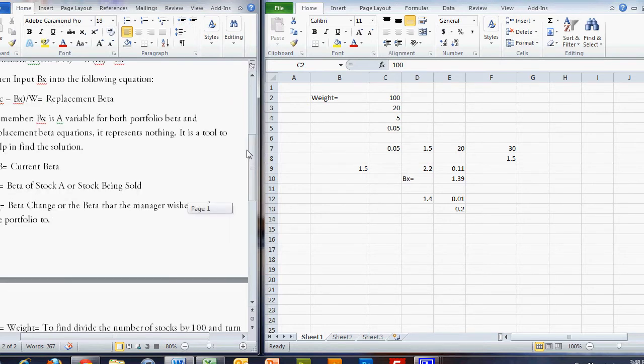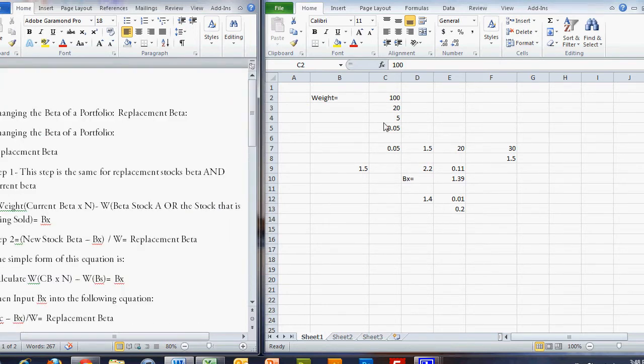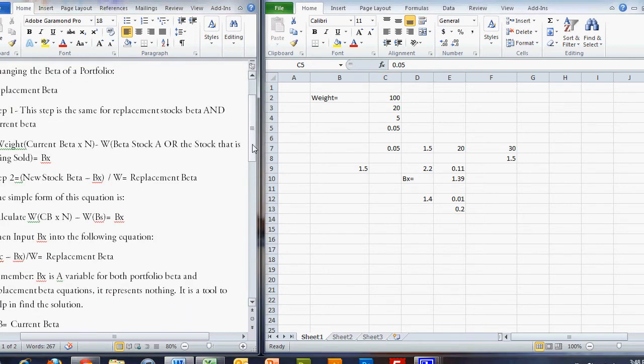To do this in Excel, which is how I like to do it, you go equals, 100 divided by 20 equals 5, and then 5 turned into a percentage is 0.05 or 5%. Then you have the next step here: you found your weight, which is right here.